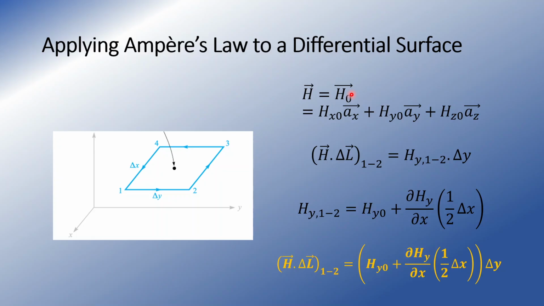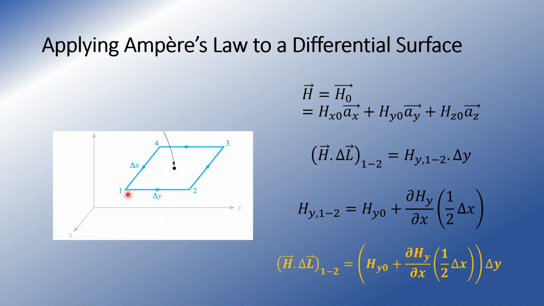Now how do we define this H naught with respect to the differential surface? It is by applying this closed integral of H dot dl for all the paths of this differential surface.